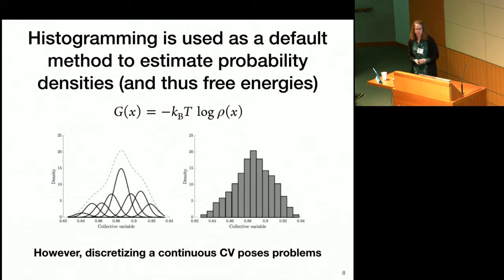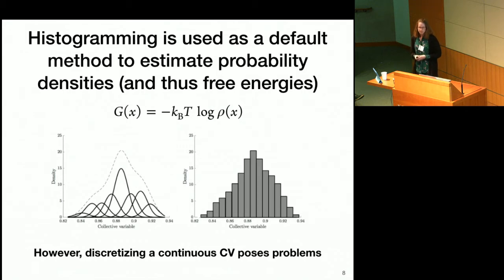So the way histogramming works is you select the collective variable along which you want to estimate the probability distribution. You discretize it, and basically you calculate the value of the collective variable for each individual sample that you have from molecular dynamics, and then you increment the bin in which you find the system. And for an idealized density like this, you get this kind of estimate.